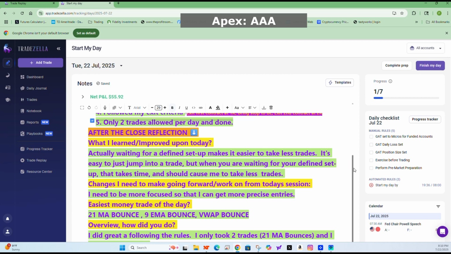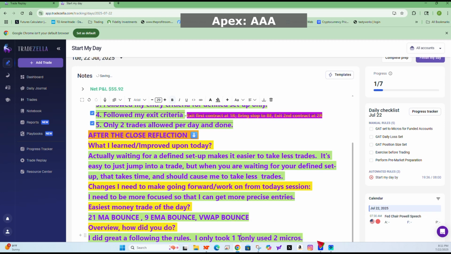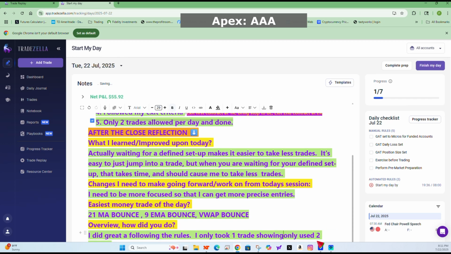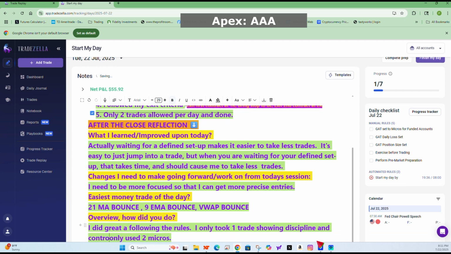All right, so how did I do? I did great following the rules. I only took one trade, showing discipline and control on my part.